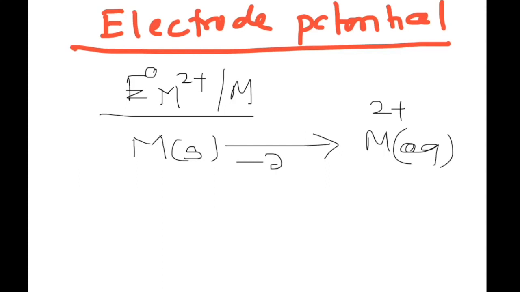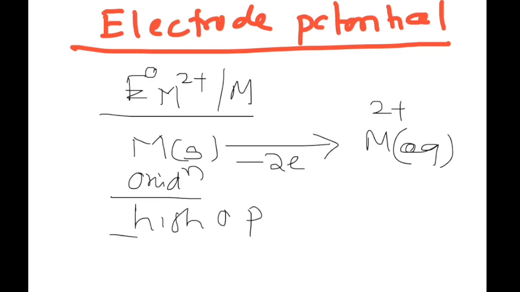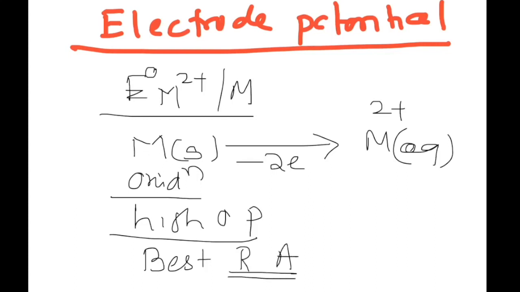It loses 2 electrons. This means the metal undergoes oxidation. So the metal having high oxidation potential can act as the best reducing agent.